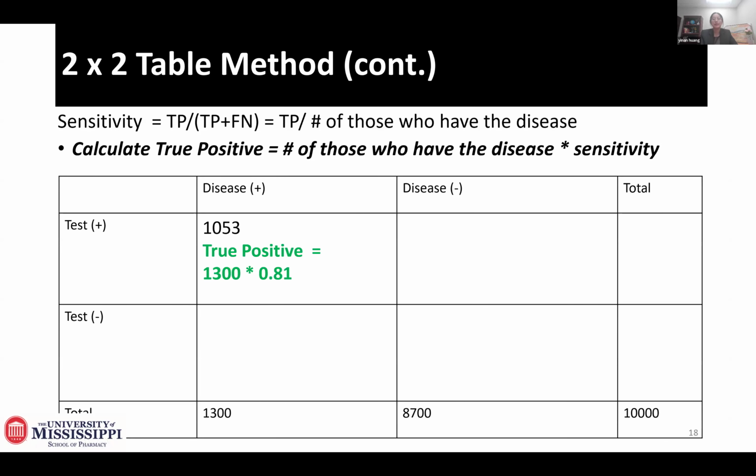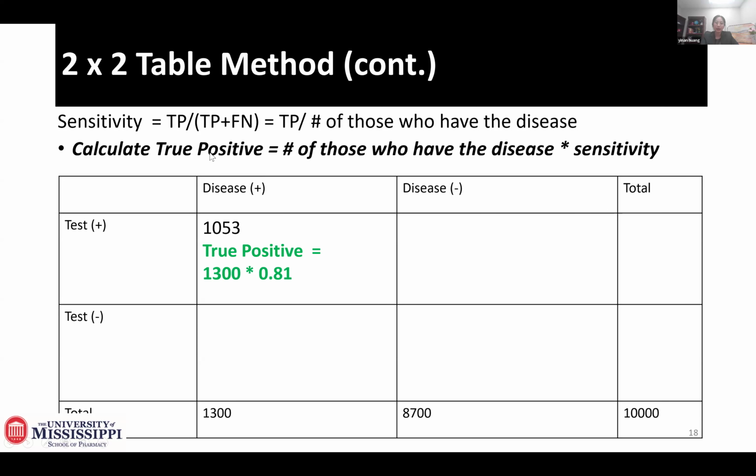Now, let's first calculate the true positives. Remember, sensitivity is the fraction of true positives divided by the entire population of those who have the disease. In other words, among those who have the disease, what proportion tested positive?